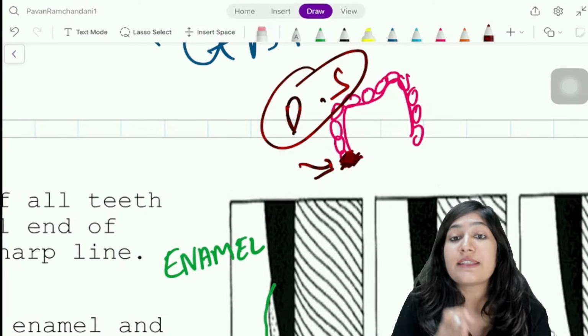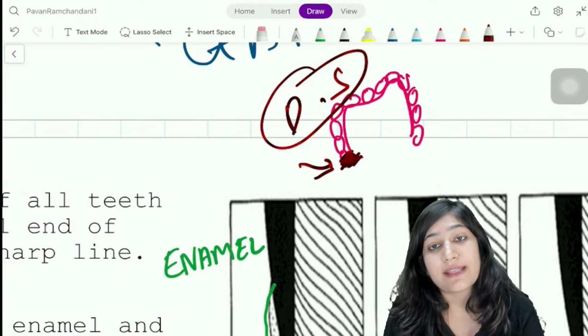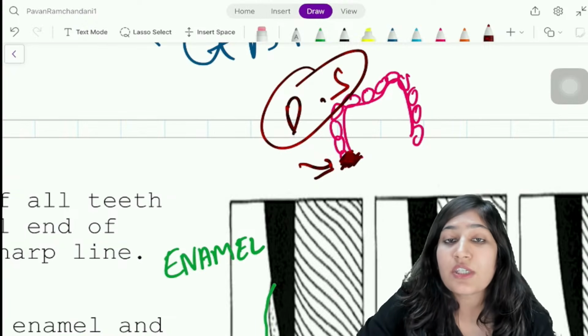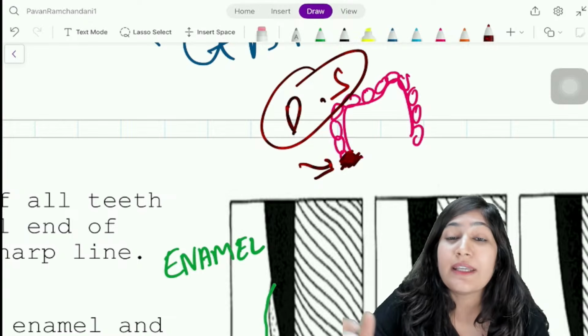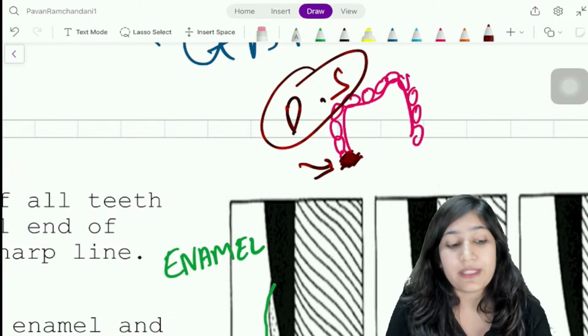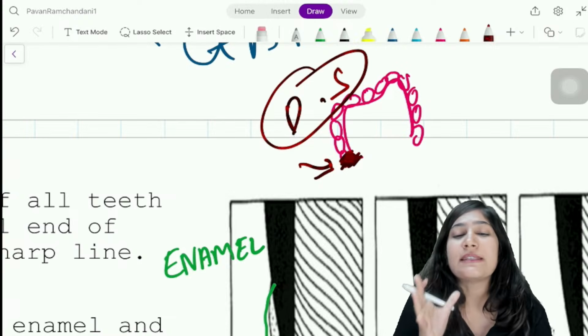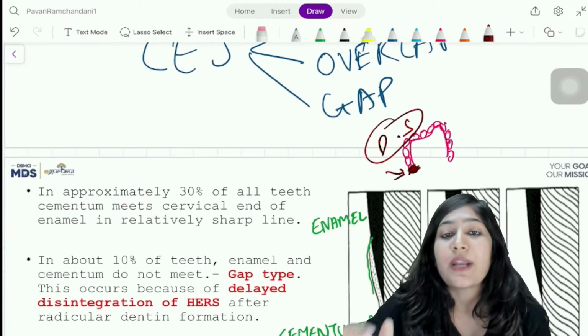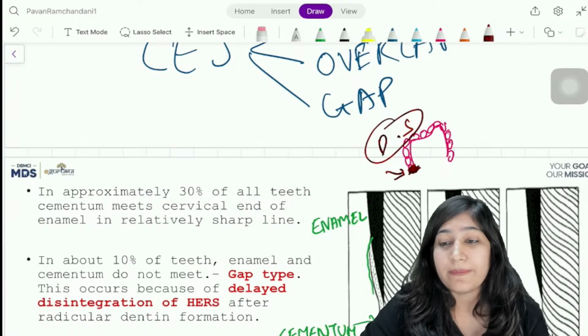These dental sac cells differentiate into cementoblast cells, leading to the formation of cementum over enamel near the cervical portion, where there is retraction of reduced enamel epithelium. So this overlap junction is mainly present because of retraction of reduced enamel epithelium.